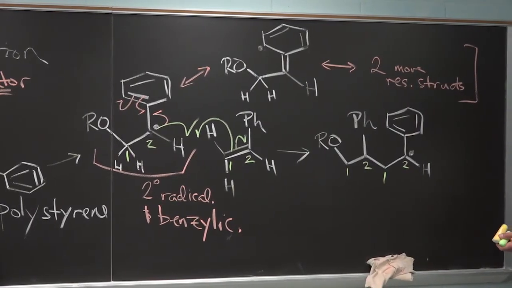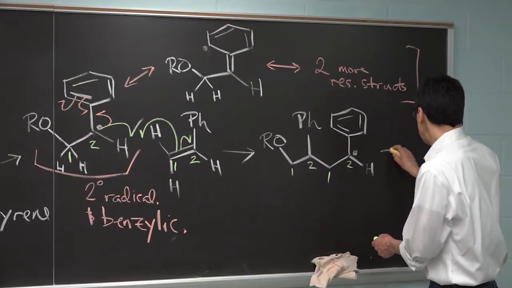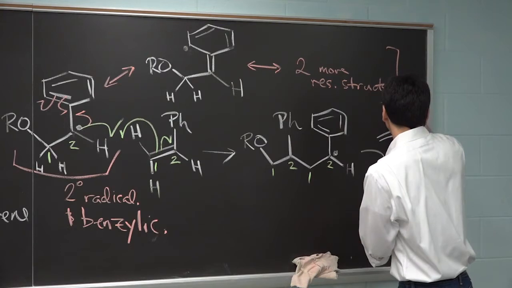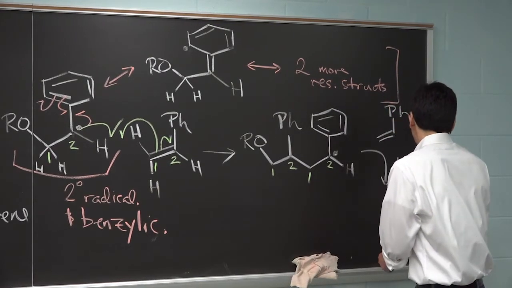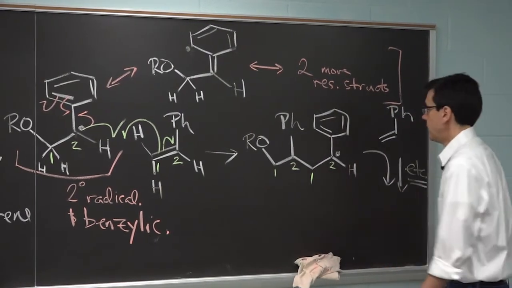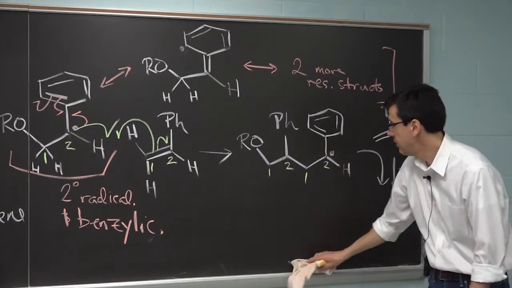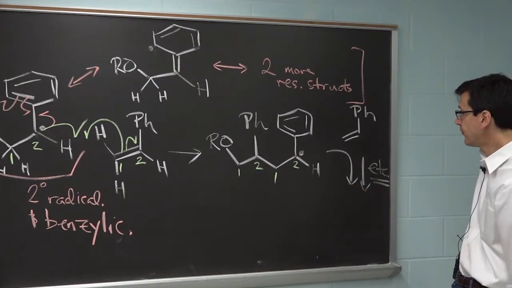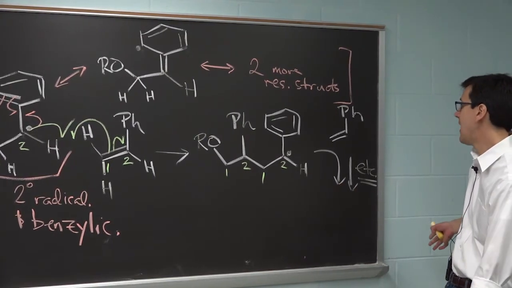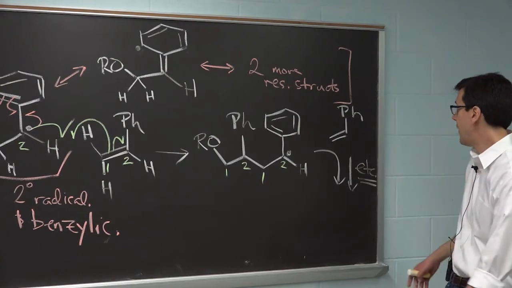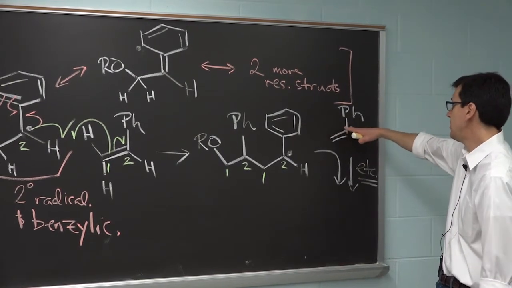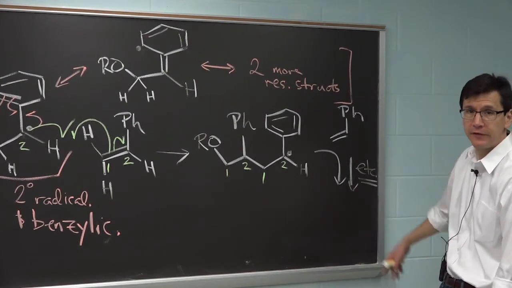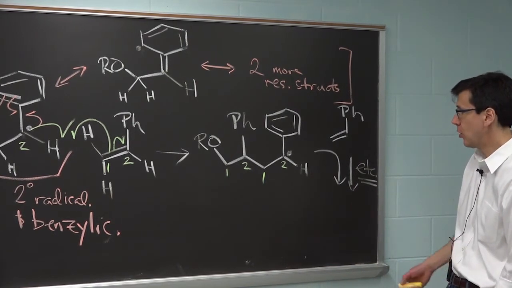Okay? And then guess what? You can keep going, right? So you could add to another molecule of styrene, etc. So can you come up with a structure down here that represents the polymer? Maybe let's have it have, I don't know, what happens after you repeat 3 more times so that you would have a total of 5 units of styrene in your growing polymer chain?